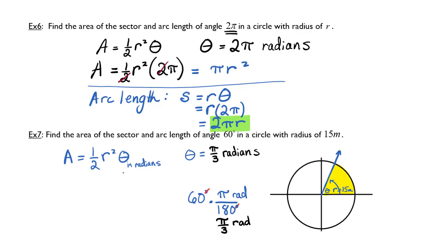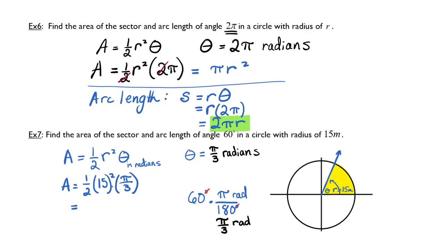And now I can do a substitution. I know that r is 15 meters, and I'll just rewrite everything. A equals 1/2 times 15 squared times pi over 3. So I have a calculator process here, and I'm going to leave pi by itself. As soon as I multiply in pi, it's going to make this a very ugly number.